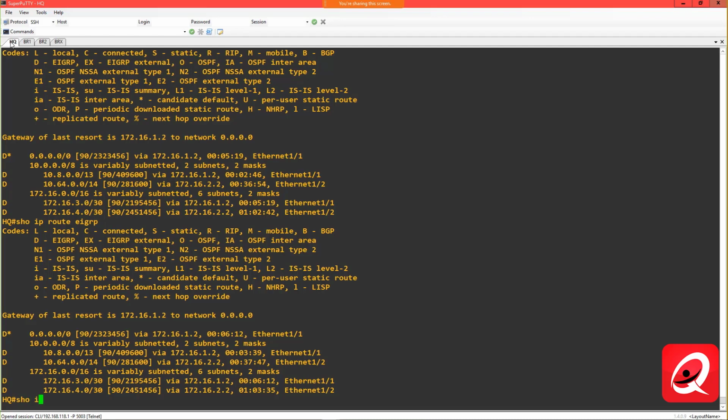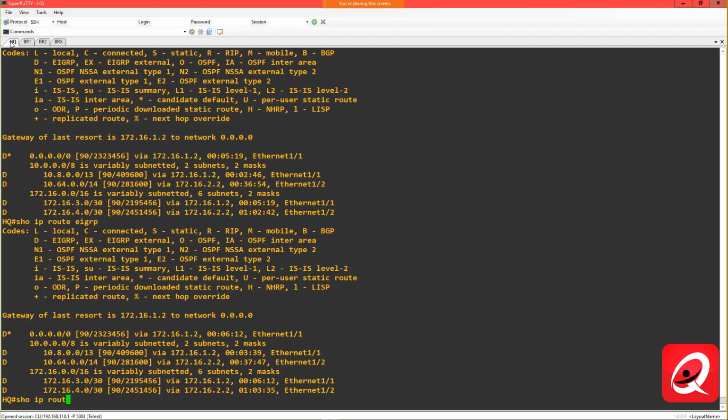Is the bandwidth too high for it to have any effect? No, it should affect it. I mean, it's the exact same configuration from router 1's perspective, BR1. The only difference here is that we're dealing with named mode instead of classic mode, but delay is always an interface config. Let's go ahead and test that theory.